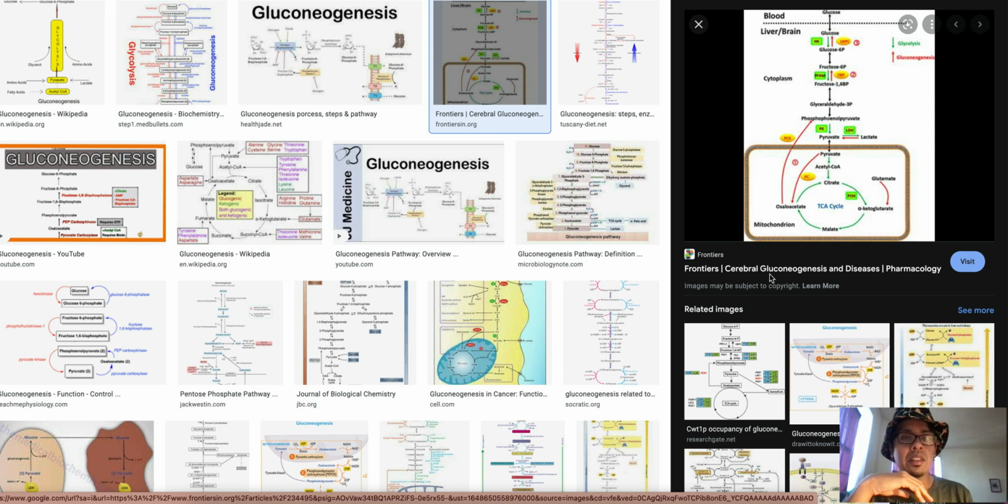But there's only a limit to how much of that can be done. Eventually, when you stop eating or don't consume enough food and your glucose is being depleted, it starts being depleted from the liver until it's gone.